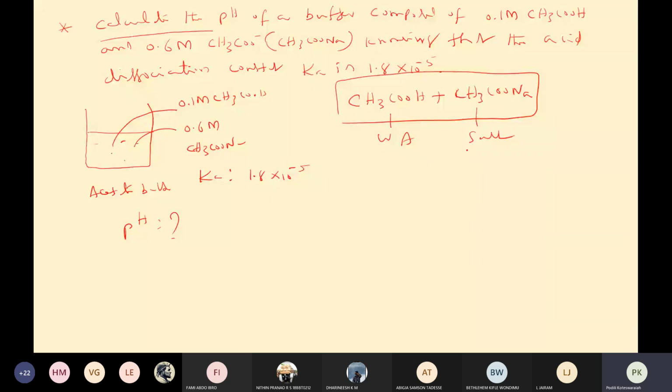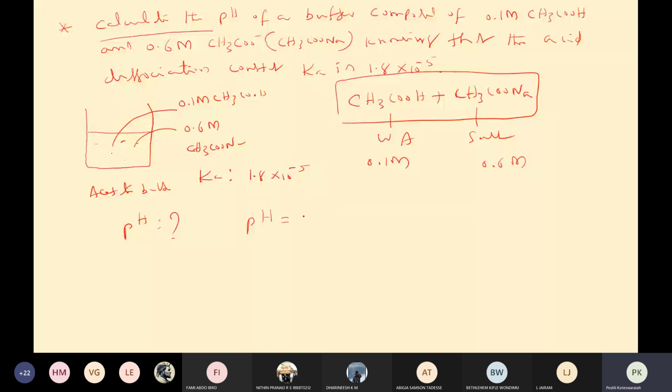So this is 0.1 molar and this is 0.6 molar, and what is the pH of the solution, where Ka is already given as 1.8 into 10 to the power of minus 5.